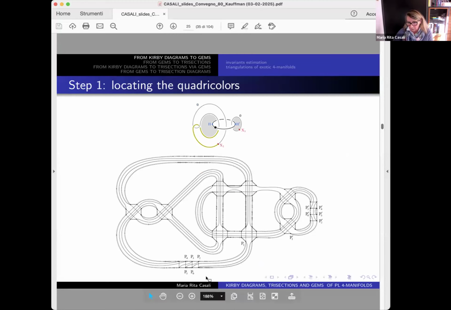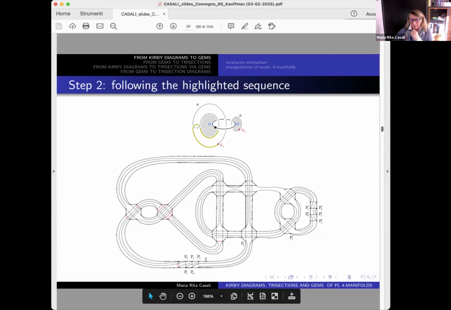After locating the quadricolors on each framed component, on each part of the graph corresponding to a framed component, the highlighted arcs identify parts of the graph where to add 4-colored edges transversal to the arcs themselves.